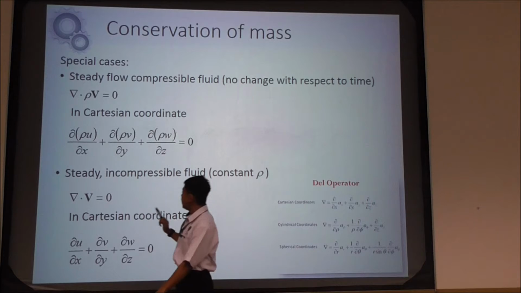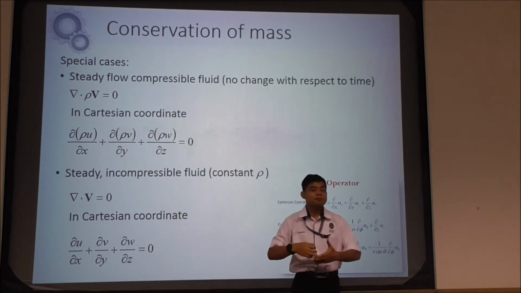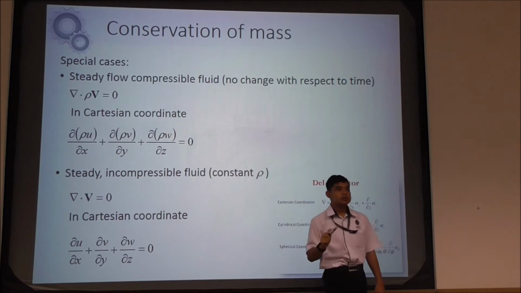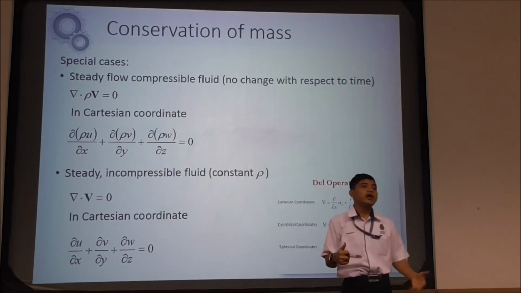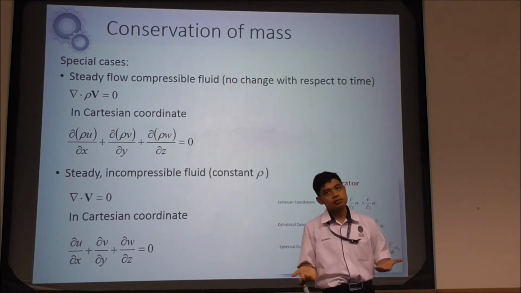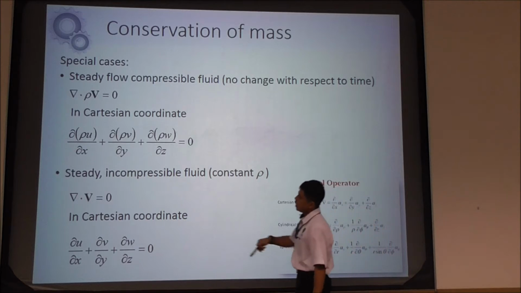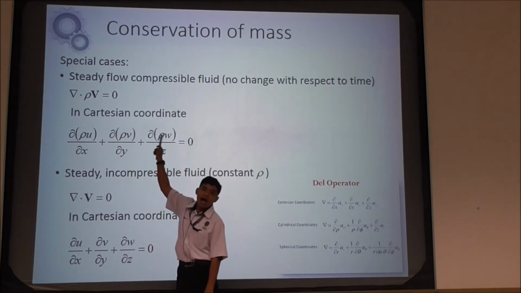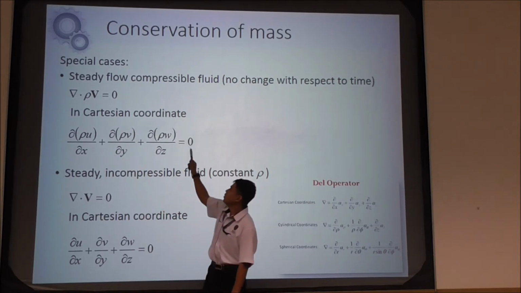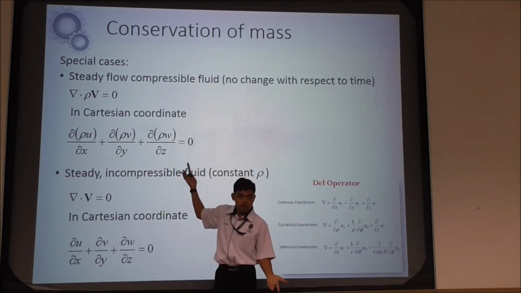And for some even special cases, you have rho equal to constant. Let's say when you are dealing with water, you cannot compress it. The rho, usually you take 1000. So for that rho constant, you can take the rho out of it, and 0 divided by rho is equal to 0.